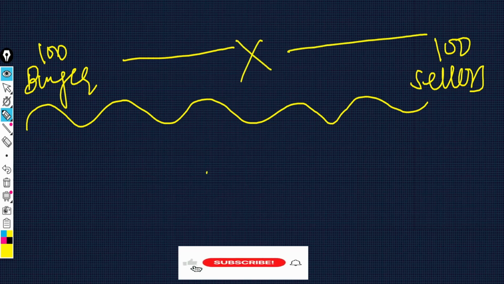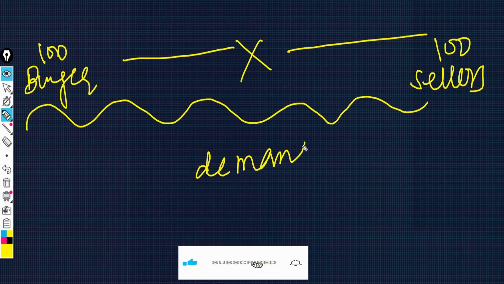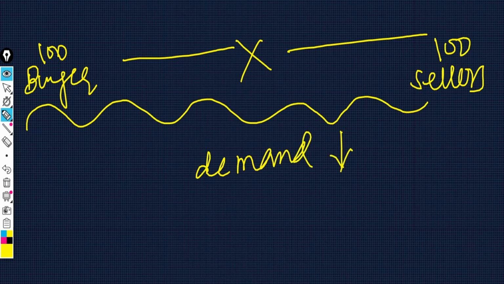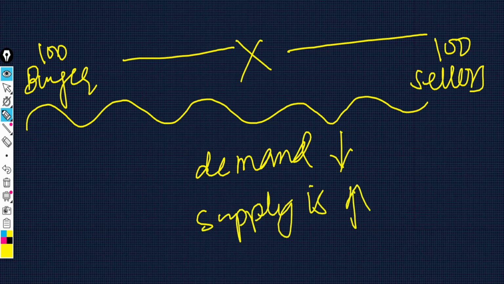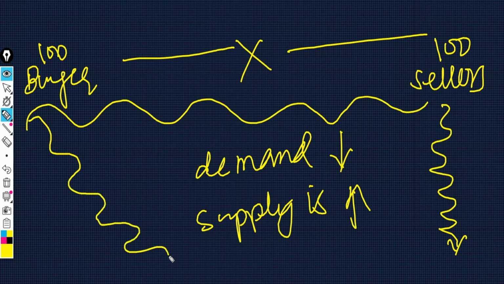But if the demand is low and the supply is high, generally sellers will revise their ask or offer price lower, transactions will happen at lower prices, and the price will go down for the product or the service.